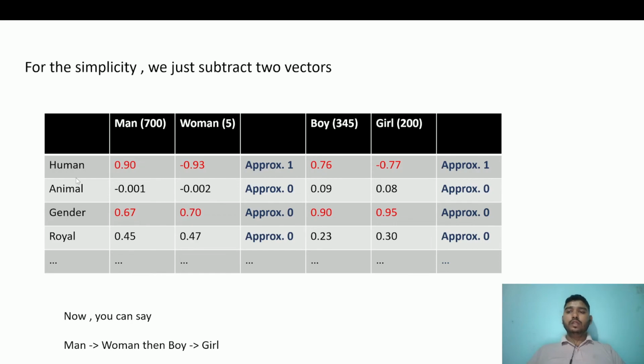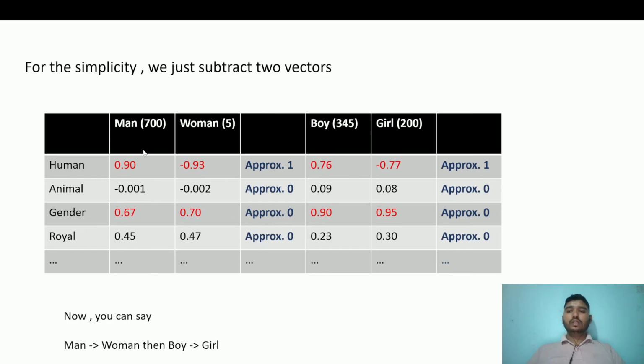So here you can see only the first value is approximately 1, which we can consider as 1, and the rest will be 0. Likewise, in the boy and girl scenario also, we got the first value as 1 and the rest will be 0. So this way word embedding helps us to find out the similarities between the words, or we can say analogy detection.